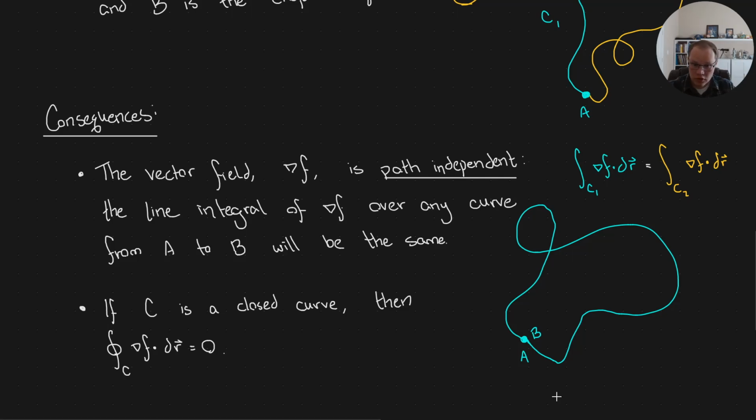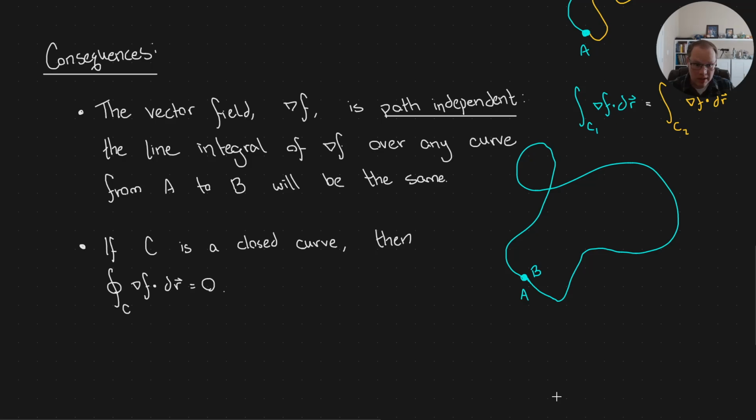It's a closed curve, which means that my integral over curve C of gradient of f dot dr is going to be f evaluated at my endpoint minus f evaluated at my start point, but the points are the same. So the function values will be the same, which means I'm subtracting two of the same value, I'm getting 0. Okay?